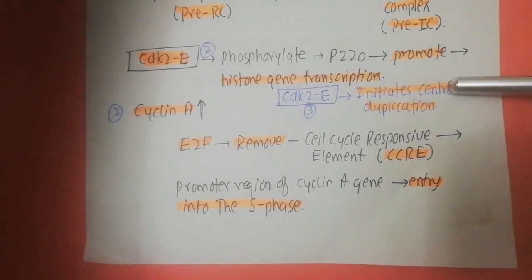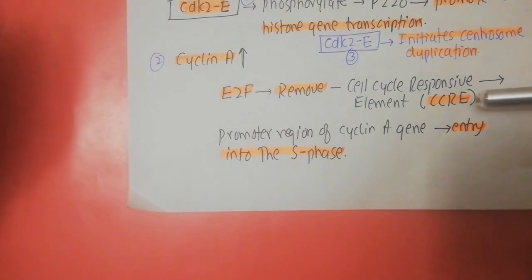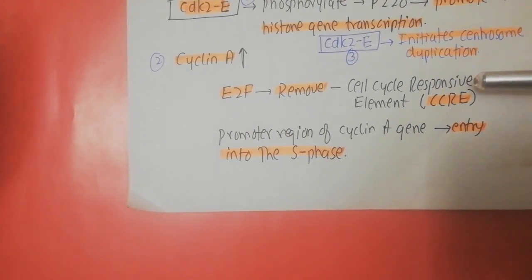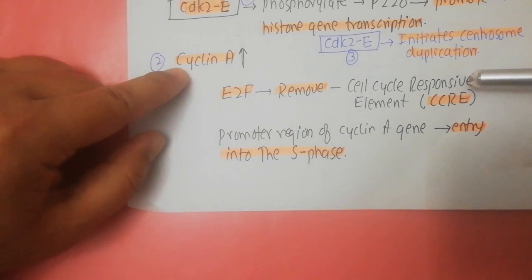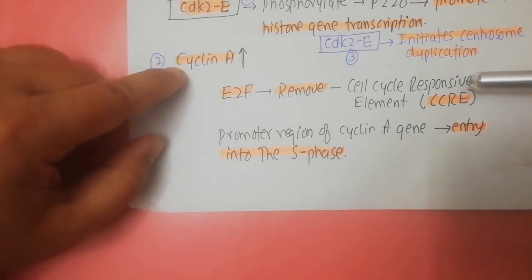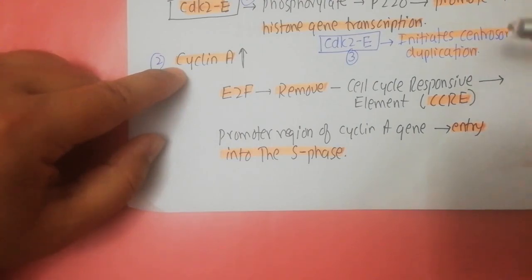Now, once you have made the pre-initiation complex, you have fired the origin. That means you are in the S phase of the cell cycle. Now, when you are in the S phase, what the E2F transcription factor is going to do is increase the level of another cyclin known as cyclin A. Now this cyclin A and the cyclin E both bind to CDK2.